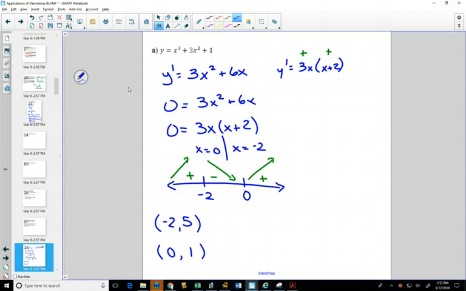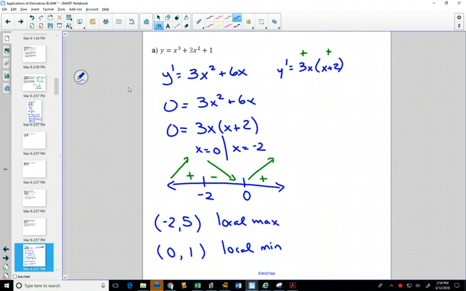We know that -2, 5 will be a local max because our function is increasing before x equals -2 and decreasing after x equals -2. We know that 0 comma 1 is a local min because it's decreasing before x equals 0 and increasing after x equals 0.